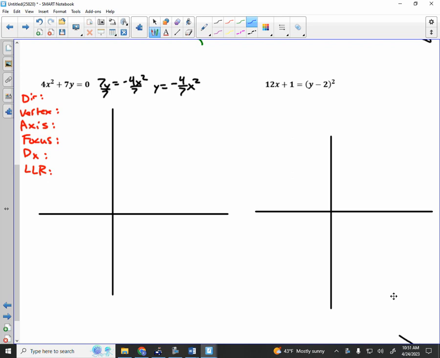You already determined it goes down. Vertex location: 0, 0.